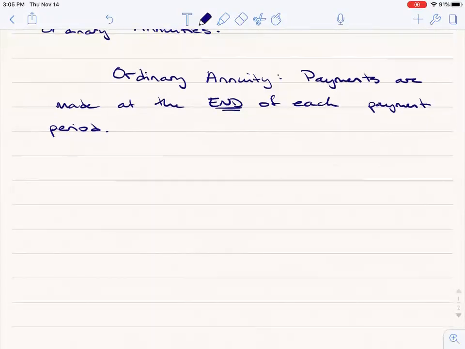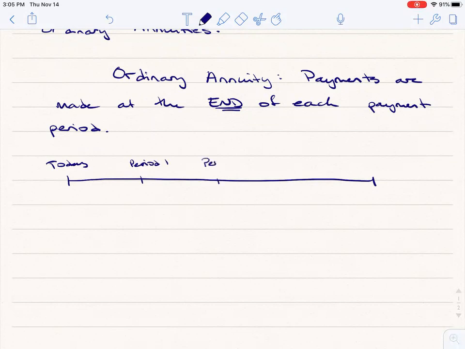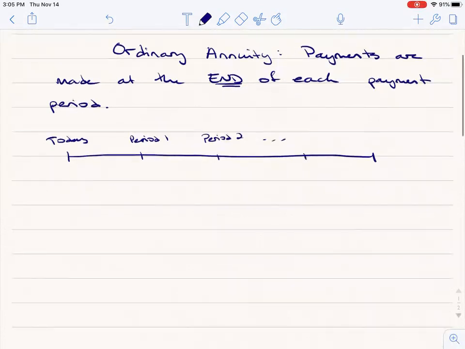So for an ordinary annuity, which we were doing last day, we've got today, and then let's just say a general period 1, period 2, to the n-1 period, and to the nth period, whatever that is. This is just a general timeline because I want to illustrate the subtle difference between an ordinary annuity and an annuity due.